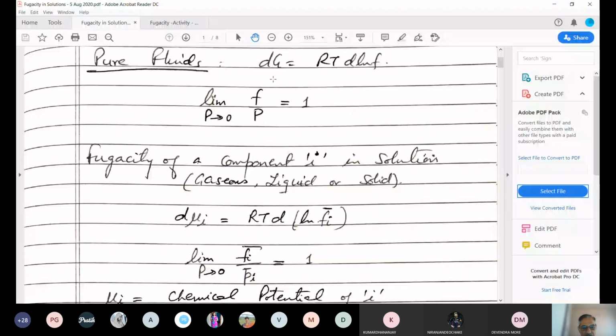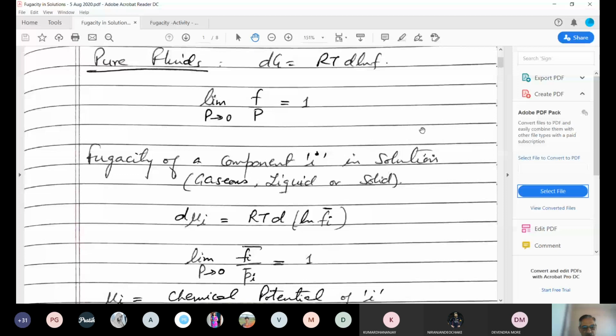But for solutions, we have to use partial molar property because that is more relevant for solutions. There are two components minimum. So we replace G by mu i, which is partial molar Gibbs free energy. So d mu i is equal to RT d ln f_i bar, that is fugacity of component i in solution. Form is same, we just say by analogy, we write it for a component in solution similar to what we have for pure component.